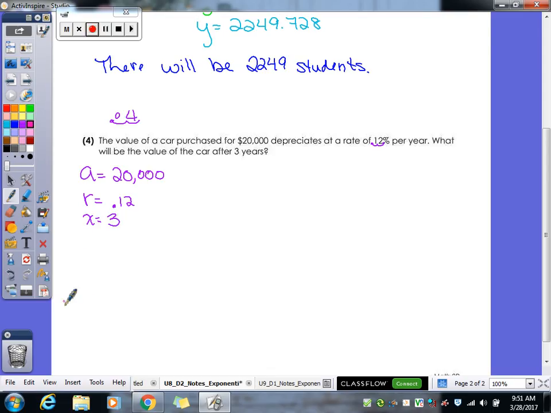So is this growth or decay? Decay. That word depreciates. That gets a lot of kids, but that starts with DE just like decay starts with DE. That's a decay problem. So we want the A times 1 minus R to the X power.